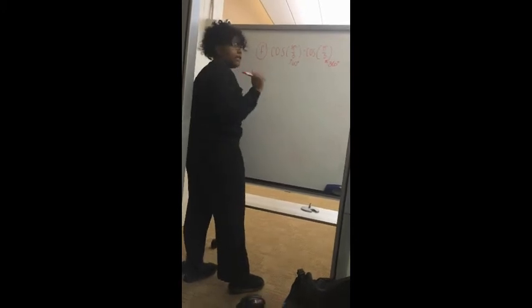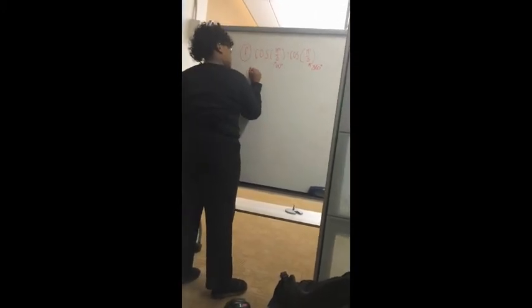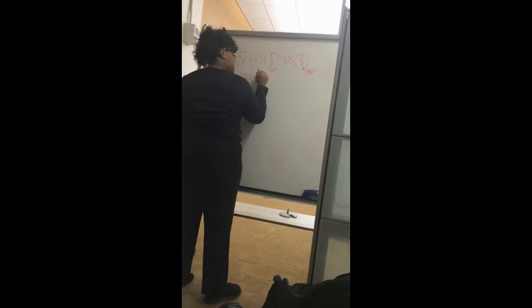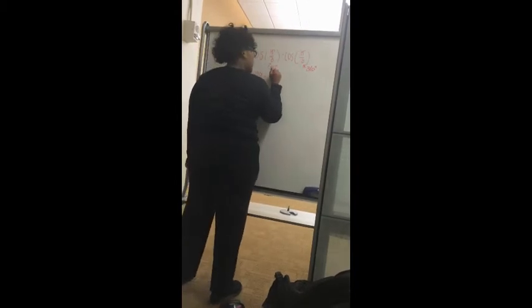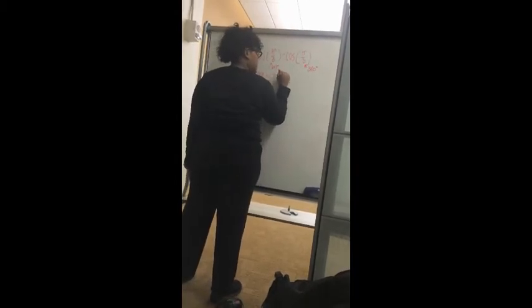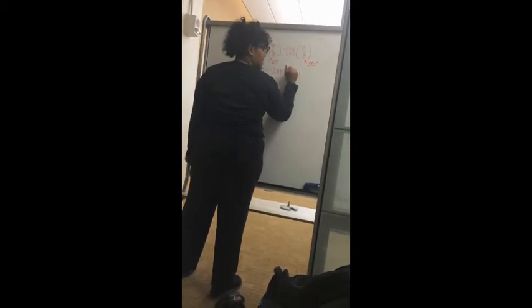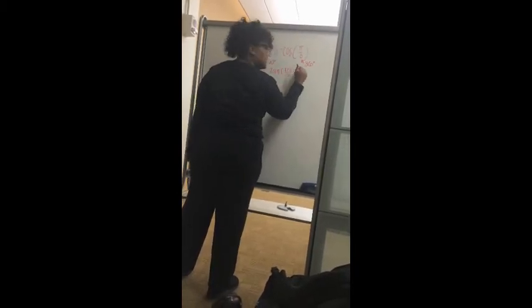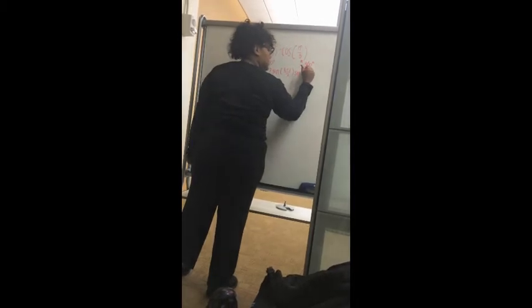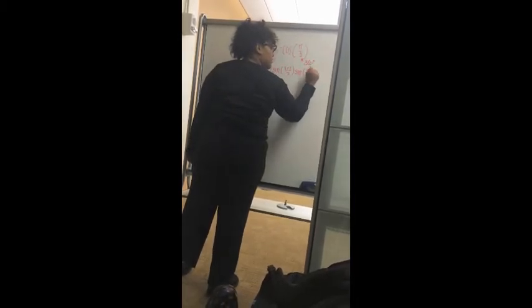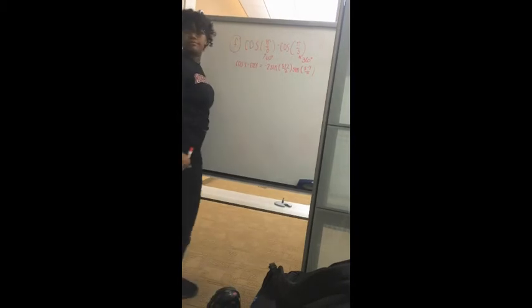The identity is cosine x minus cosine y equals negative 2 sine of x plus y over 2 times sine of x minus y over 2.